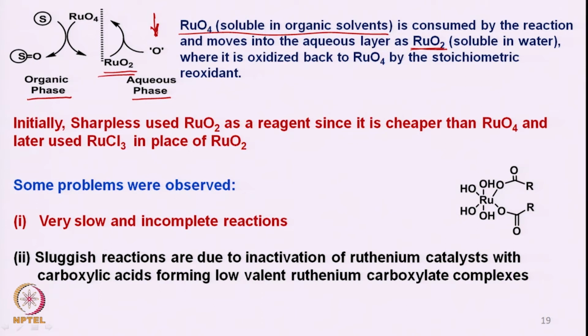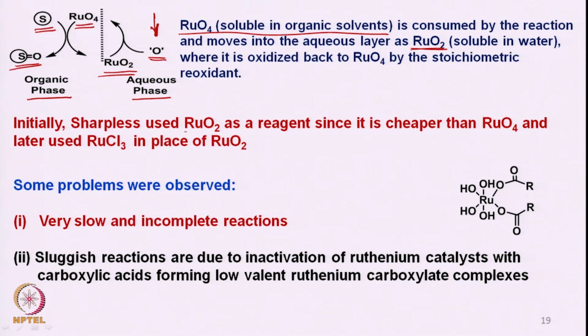So, when ruthenium tetroxide, which is soluble in the organic solvent, oxidizes the substrate, for example by C=C bond cleavage, it forms ruthenium dioxide which passes to the aqueous phase, and there the co-oxidant reoxidizes ruthenium dioxide to ruthenium tetroxide. So, one can start with only a catalytic amount of ruthenium tetroxide and this reaction can be done.